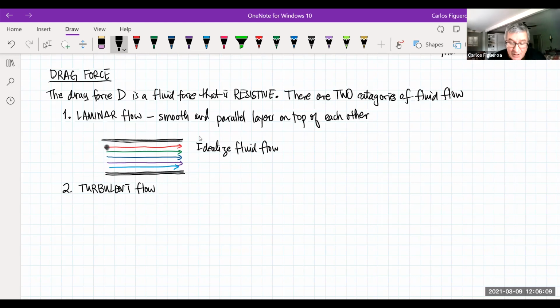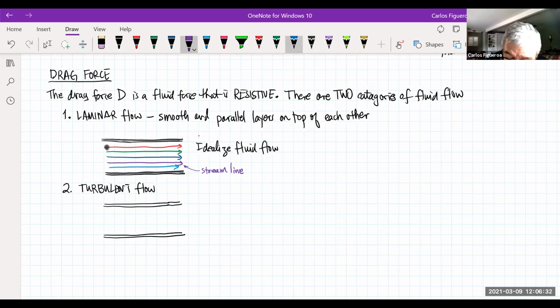When you're looking at turbulent flow, the big difference between these two is that you get a mixing of the streamlines. I should have said that, by the way: one of these lines right here is what we call a streamline.